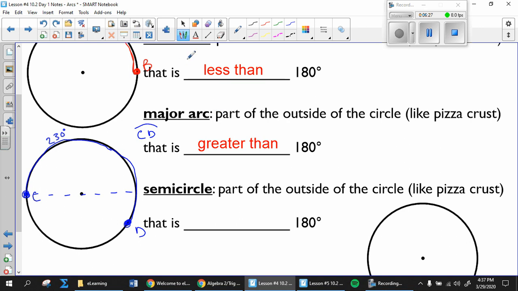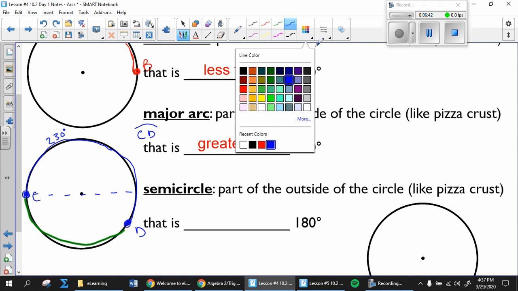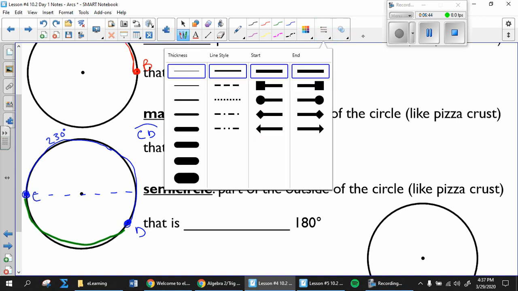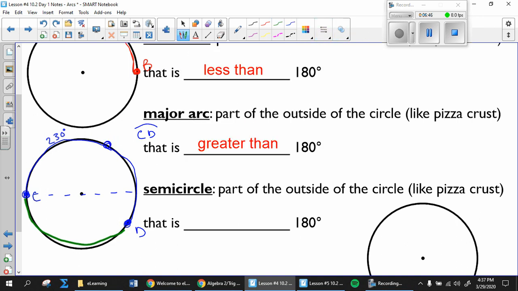Now, if I just call this arc CD, you don't know if I'm talking about this arc here or if I'm talking about this arc right here. And so what we do to clarify that is we are going to add in another point. Let's say right here, let's call this point E. And so actually, instead of labeling this CD, we're going to label it arc CED.